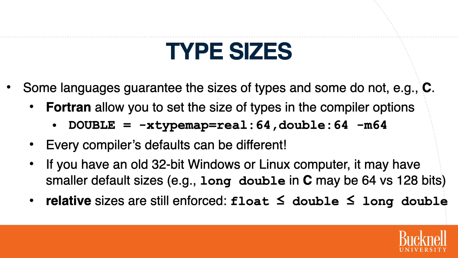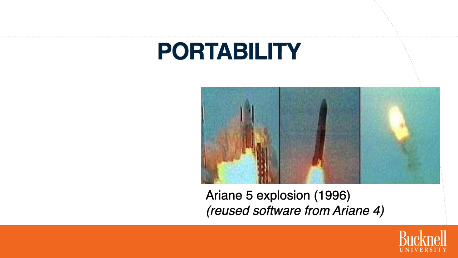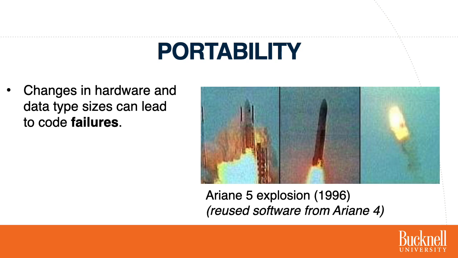Relative sizes are still, however, enforced. For example, in C, floats always have to be less than or equal to doubles in their size, and doubles always have to be less than or equal to long doubles in their size. While the ability to modify the size of data types is quite powerful, it can cause disasters when you try to port code. Changes in hardware can lead to changes in data type sizes by default and can lead to code failures. An infamous example is the Ariane 5 explosion in 1996.